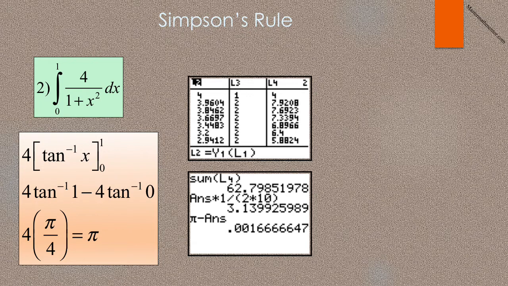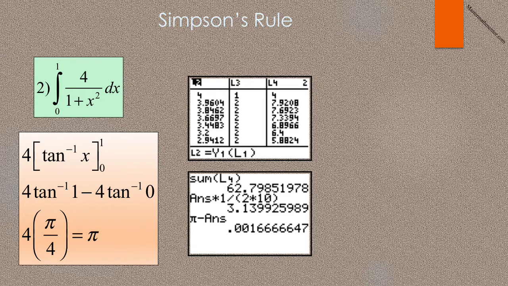And we see those values 4, 3.9604, etc. In L3, we will put our magic multipliers for the trapezoidal rule, which is 1, 2, 2, 2, ... 2, 1. And then in L4, we will do the calculation L2 times L3.